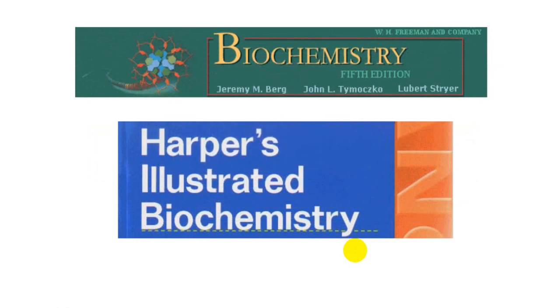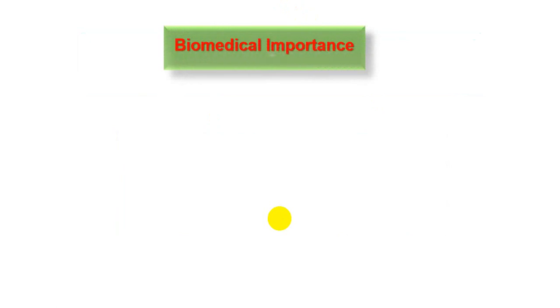We've got 2 references. The first is Biochemistry 5th edition, known as Stryer or Lubert Stryer, a famous name. Second, Harper's Illustrated Biochemistry, which is your textbook.